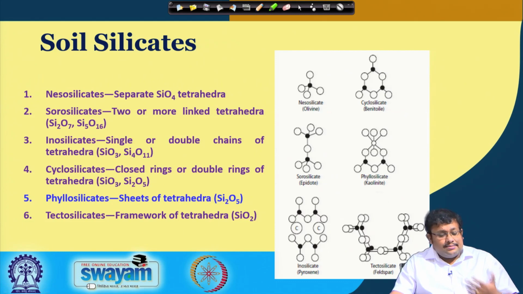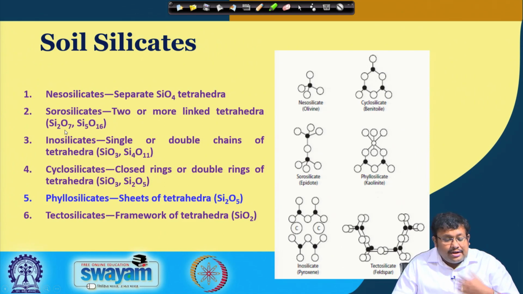Next comes the sorosilicates. The sorosilicates is the structure where 2 or more tetrahedra are linked, giving the formula of either Si2O7 or Si5O16. An example of sorosilicates given here is epidote.